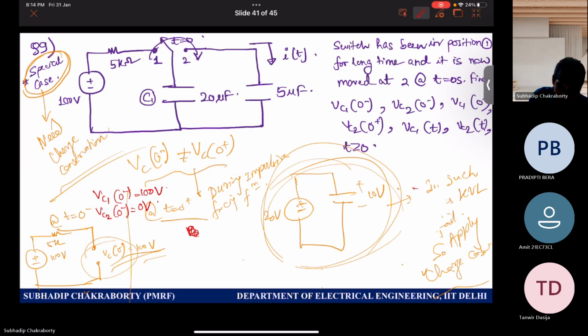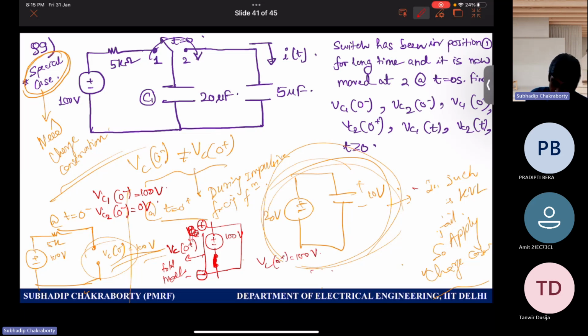How to model a capacitor with initial charge? It is 100 volts in series with a short circuit. But the capacitor voltage across this complete thing should be taken. This is the total model, right? So VC 0 plus is still 100 volts, which is okay.